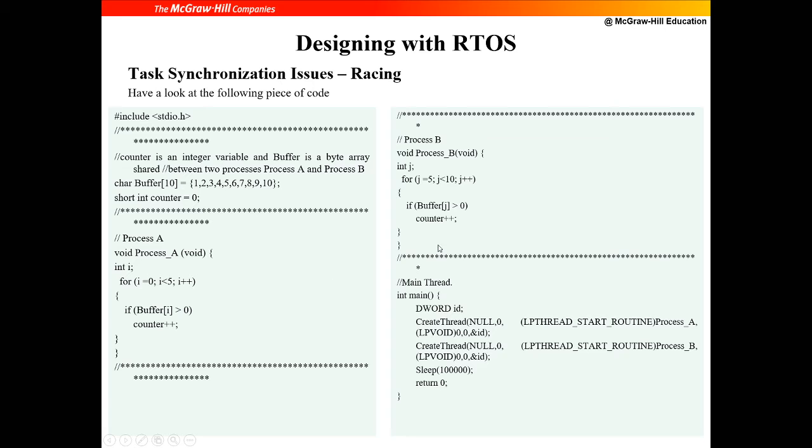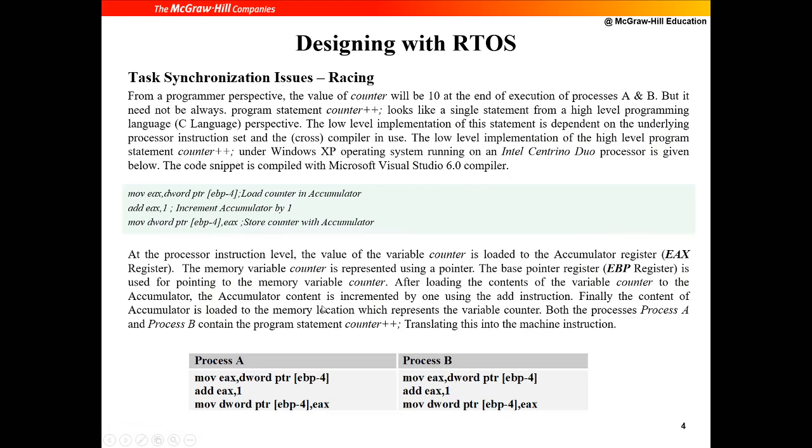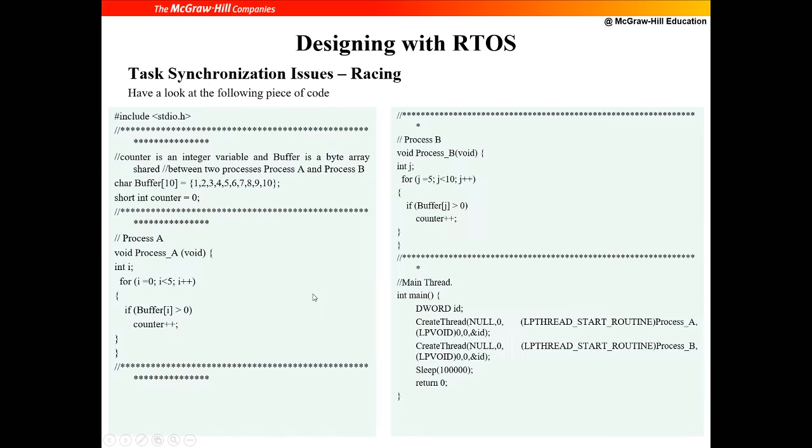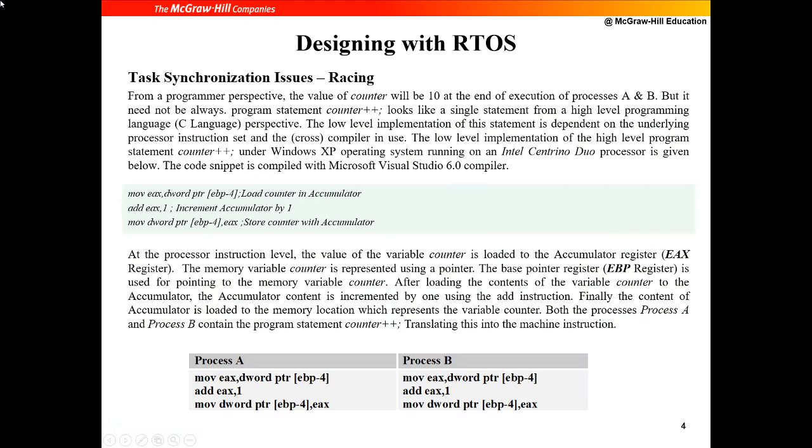Counter plus plus seems like a single instruction and it seems like it will work, but you may enter into some problem. That counter plus plus actually translates to three different instructions. Here it's x86 instructions, so it is translated to three instructions.